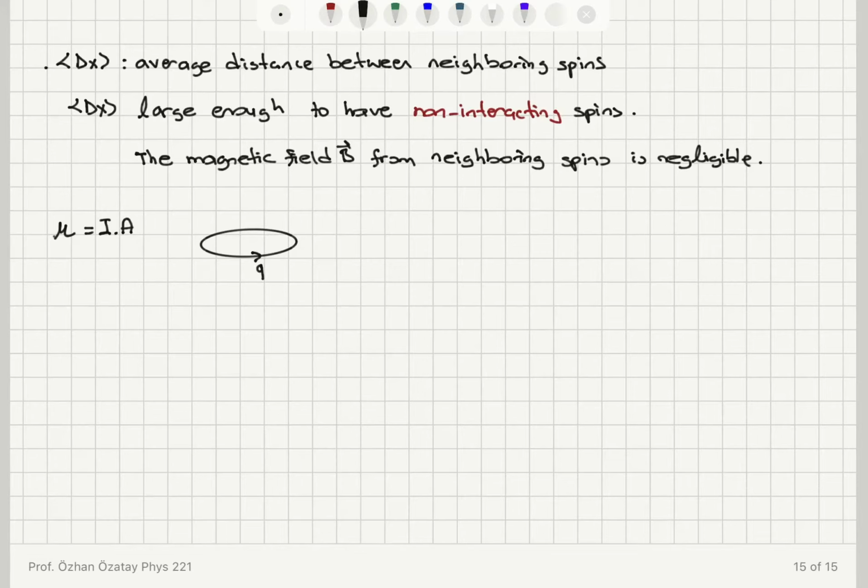It's going to create a magnetic moment mu, like this, and A is the area of the current loop.